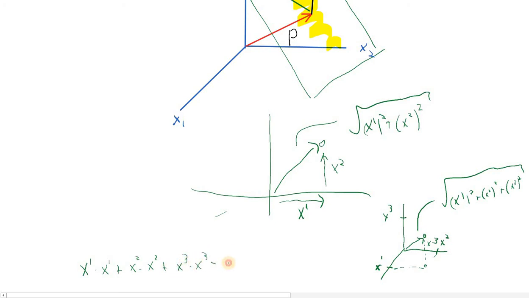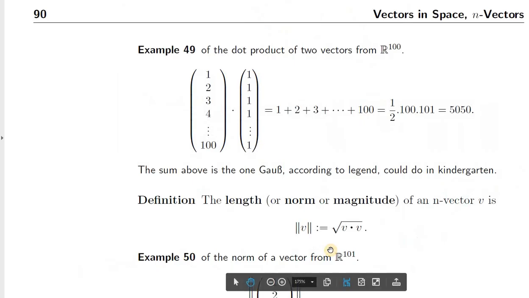Now, you can write that as (x1, x2, x3) dotted with (x1, x2, x3). So now we can turn around and write length as a dot product. We defined dot product using length, and now we can write length as a dot product.